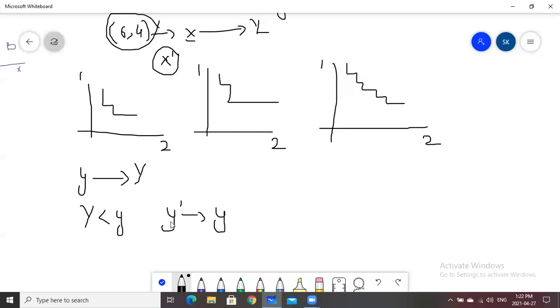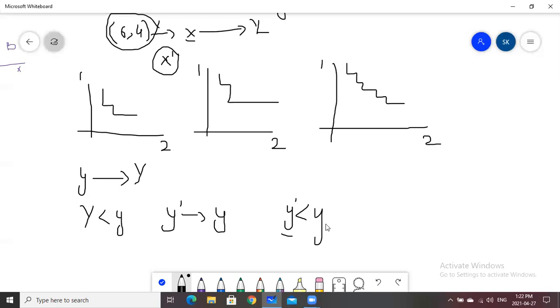Therefore, if the small y prime is less than small y, then every component of vector y prime is less than or equal to the corresponding component of y. If this output vector is less than the output level y, then what happens is that every component of the output vector, that is y prime, is less than or equal to the corresponding component of y.